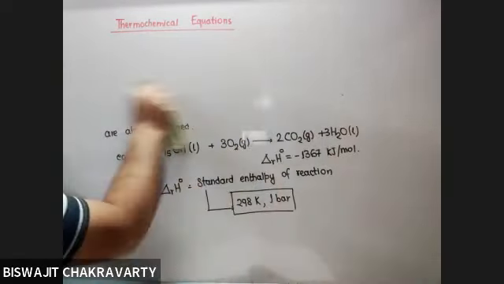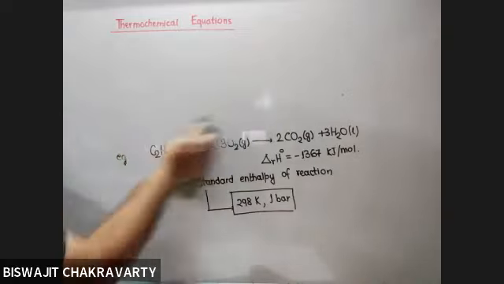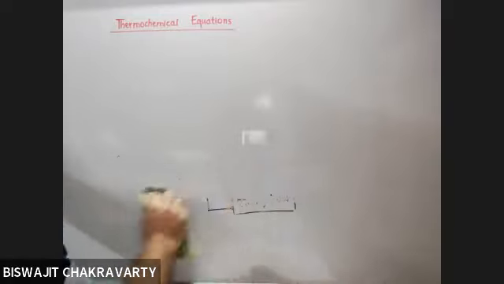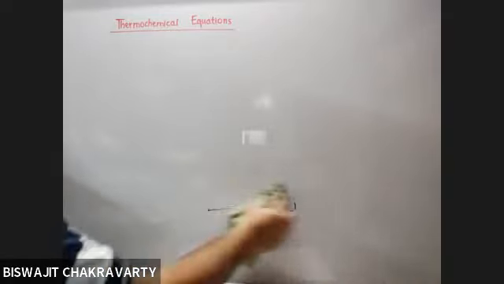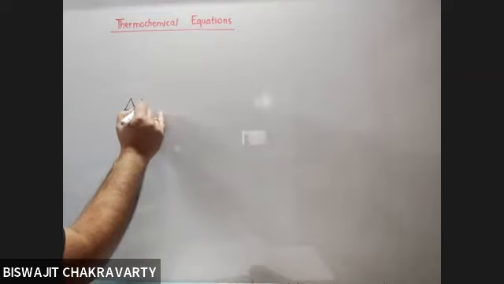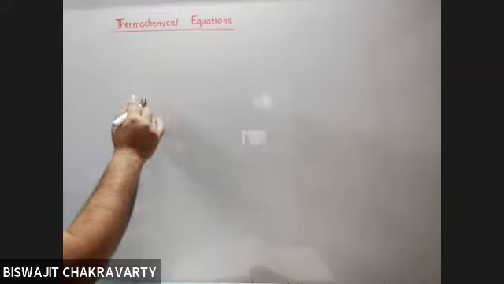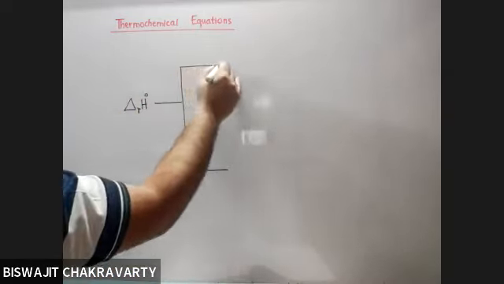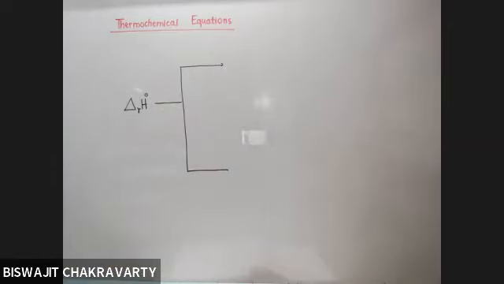So reaction can be anything. So for general term, we are using the standard enthalpy of reaction. But when it is specified what type of reaction is going on, you will see that the same standard enthalpy of reaction can be called differently. Suppose we have delta RH degree, which is a standard enthalpy of reaction. You will come across various different types of enthalpies.